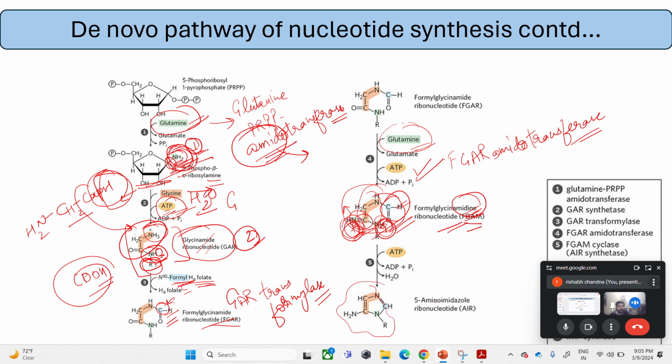So this is 5 amino imidazole ribonucleotide, or AIR. Here ATP is used, and because the bond is formed between these two, water is also released. The enzyme involved is FGAM cyclase.